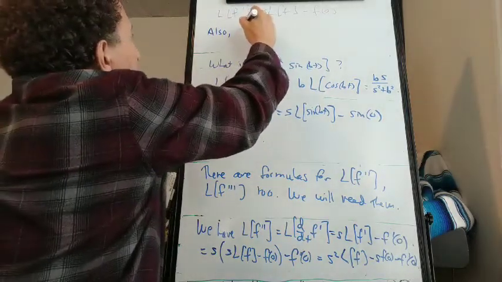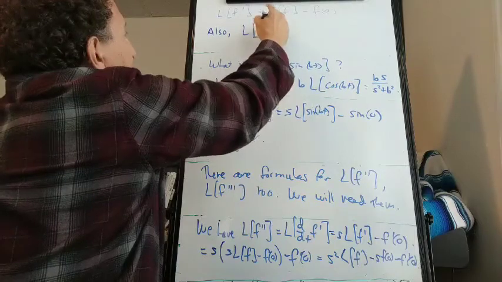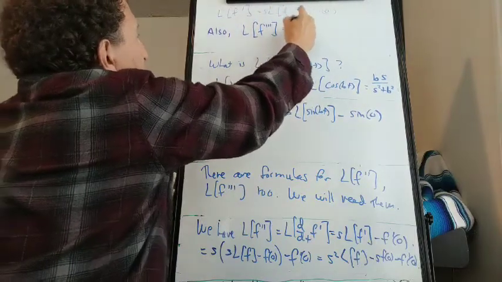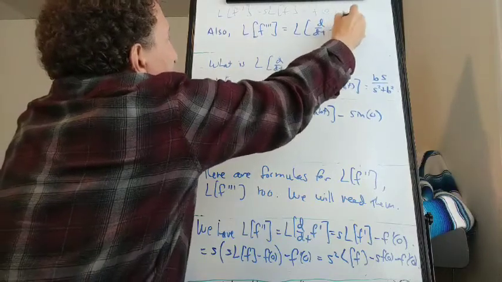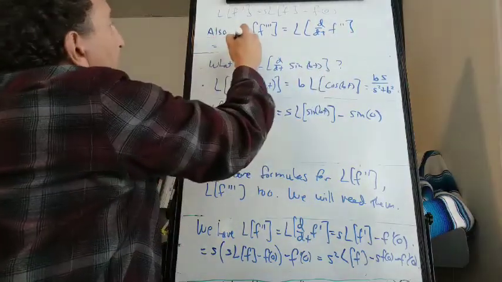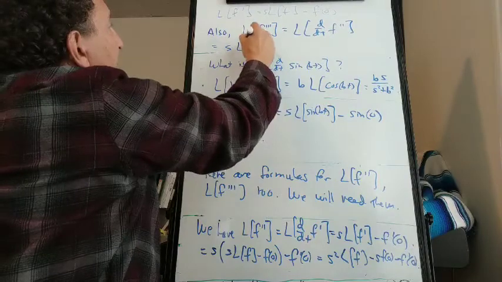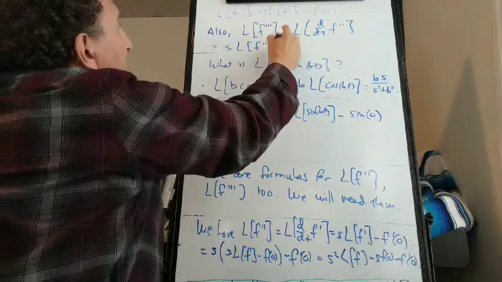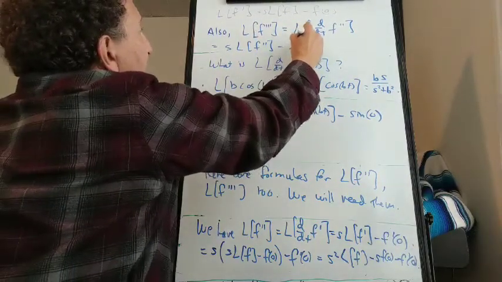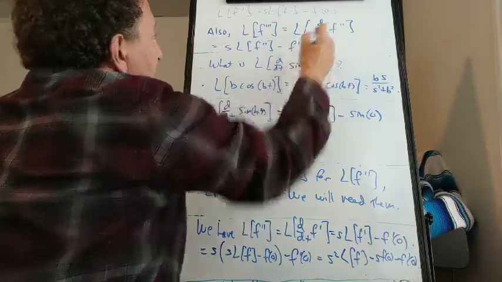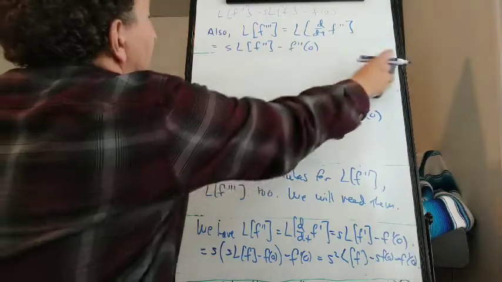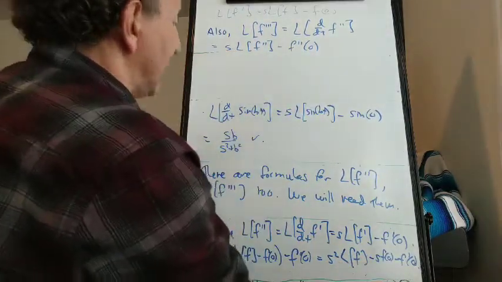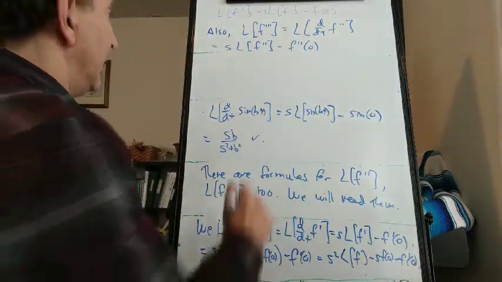Also, we want to take the Laplace transform of f triple prime. That's the Laplace transform of the derivative of f double prime, which is s times the Laplace transform of f double prime minus f double prime evaluated at 0. Now we just computed a formula for the Laplace transform of f double prime.